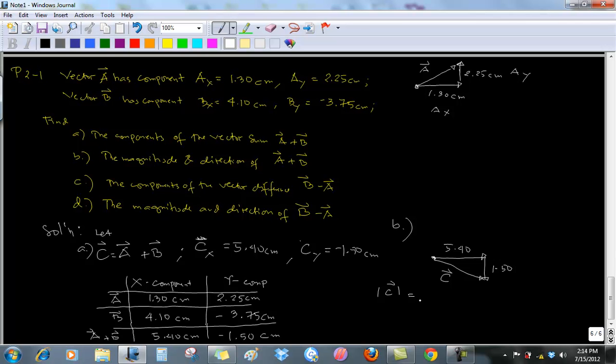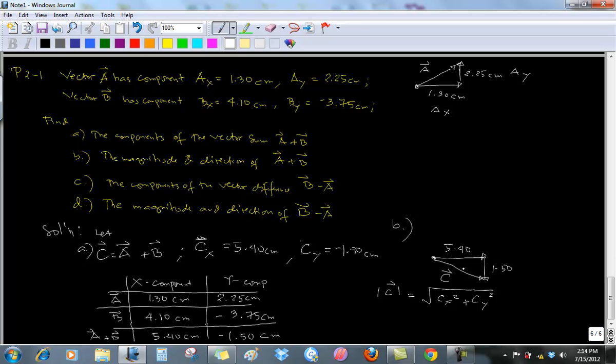That's actually equivalent to saying the square root of Cx squared plus Cy squared. Right? The Pythagorean theorem states that c squared is equal to a squared plus b squared.